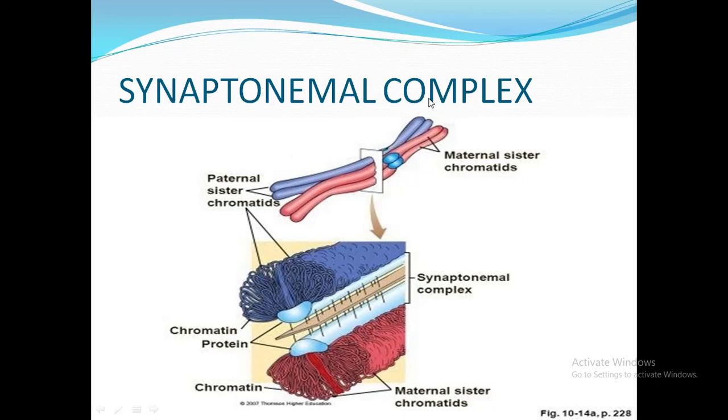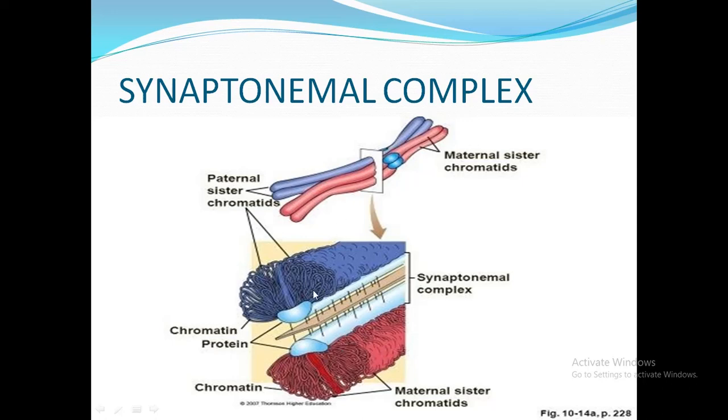This synaptonemal complex keeps the homologous pair of chromosomes together. Here you can see this is the paternal chromosome, this is the maternal chromosome, and these two are sister chromatids of the maternal chromosome, and these two are sister chromatids of the paternal chromosome.